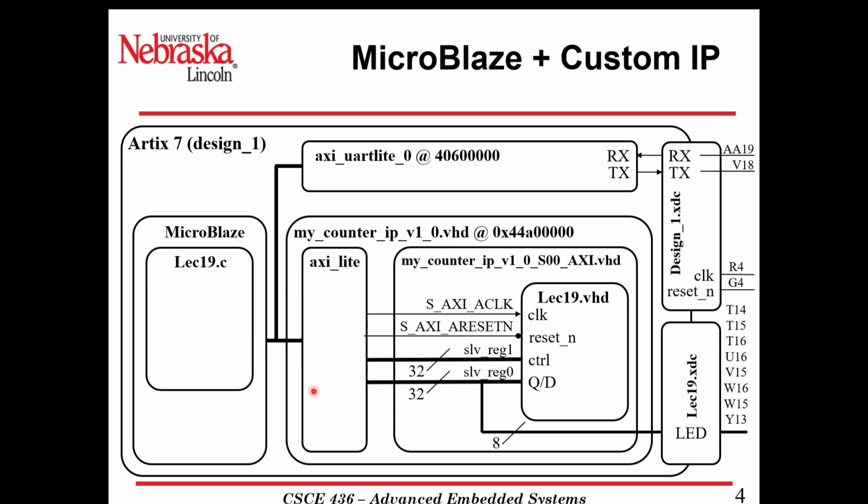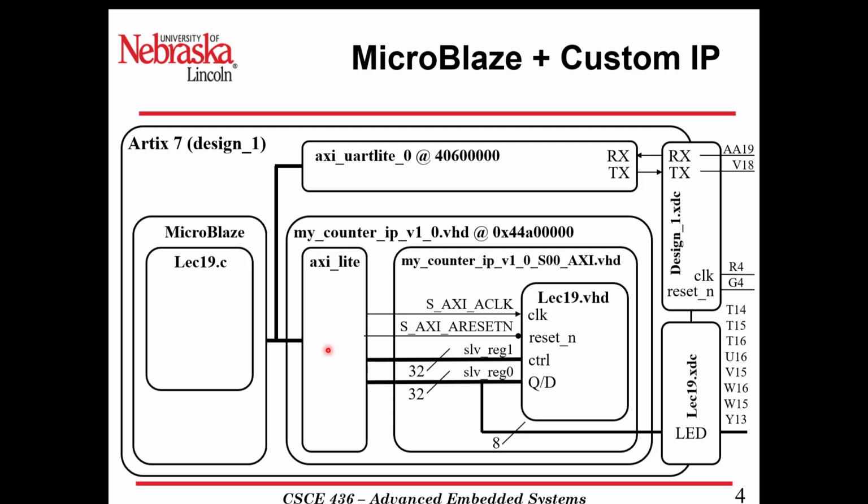But on that AXI bus as well, similar to a PCI bus, just smaller, we're going to connect our lecture 19 counter. We'll connect that via a couple of modules when we create our peripheral core called MyCounterIP, the top level, and then the connection to the AXI bus.